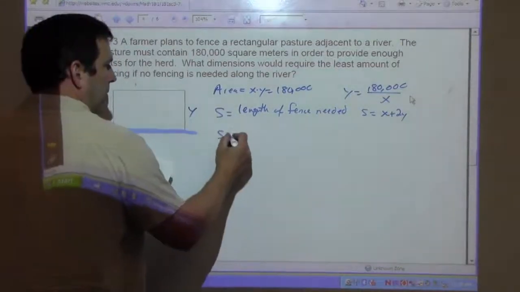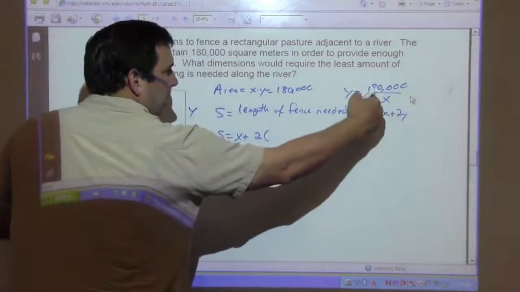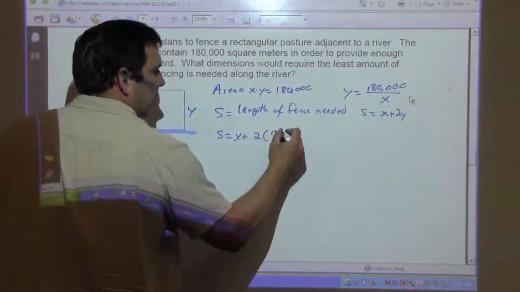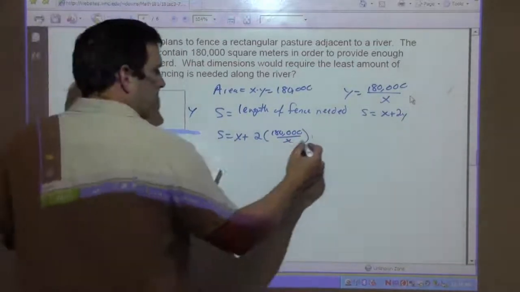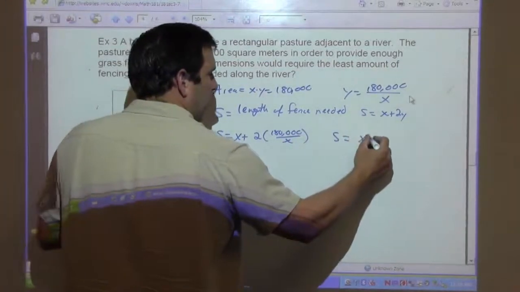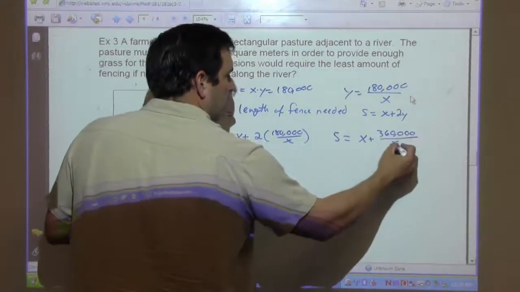So we want s to be equal to x plus 2 times y. y is 180,000 over x. So s would be equal to x plus 360,000 over x.